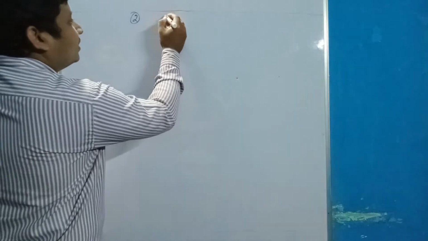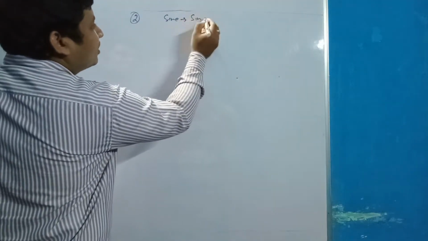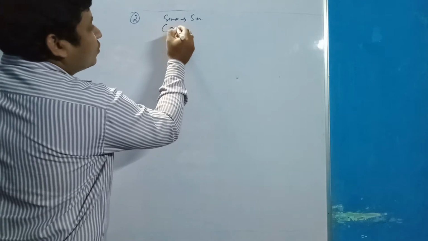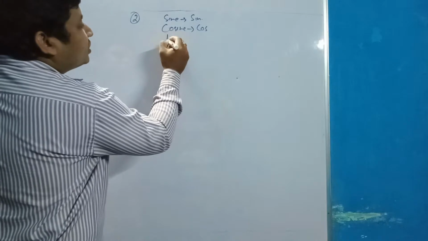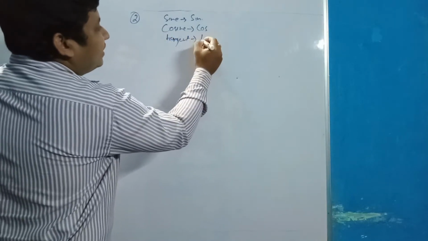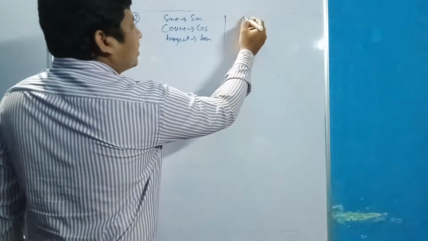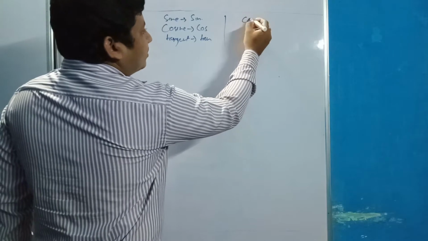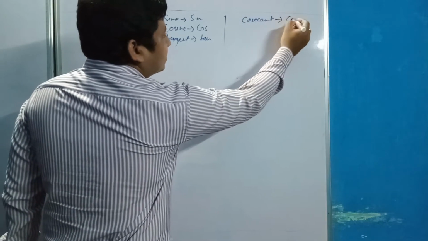my first session. First was sine, which is written shortly as sin. Second one is cosine, which is written as cos. Third one is tangent, which is written shortly as tan. Then cosecant, which is written as cosec.